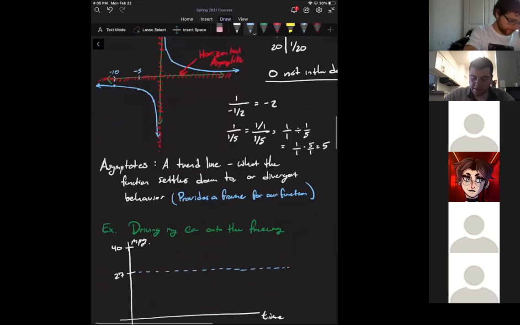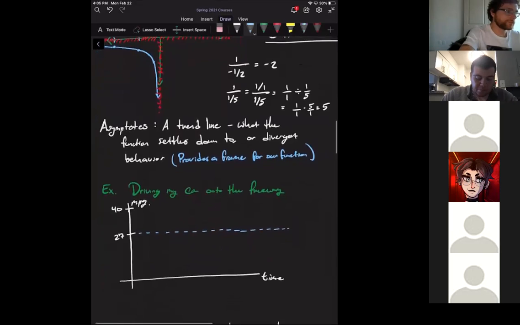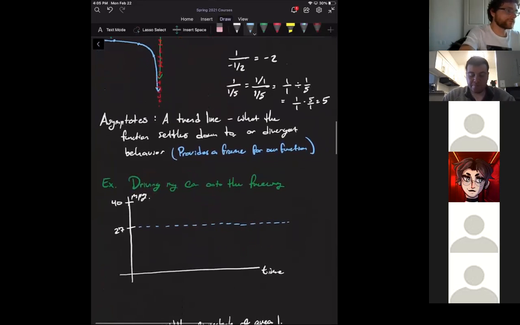All right, so I wanted to give an example of where a horizontal asymptote can come up. Again, a horizontal asymptote represents a value that the function levels off to.